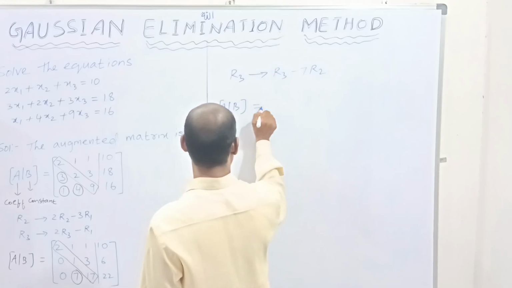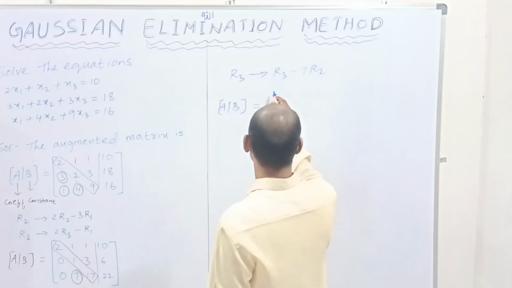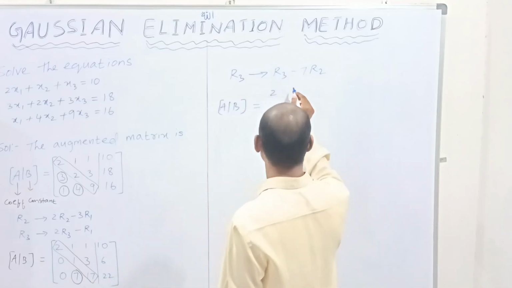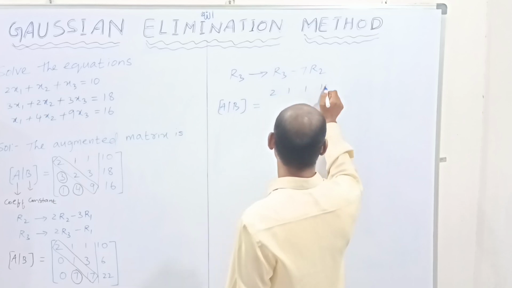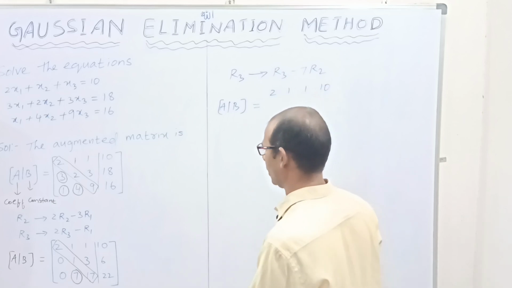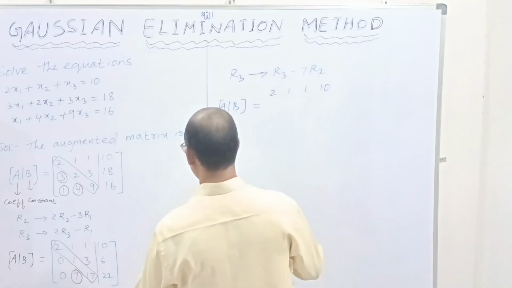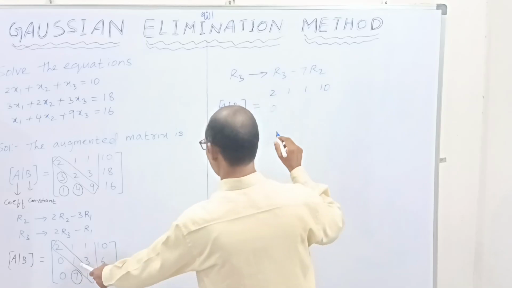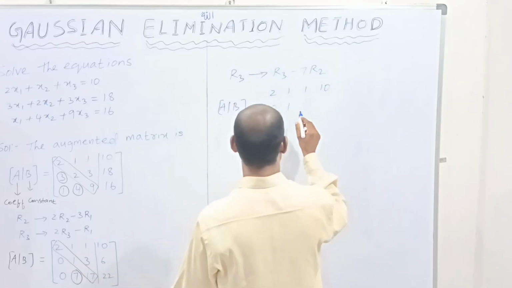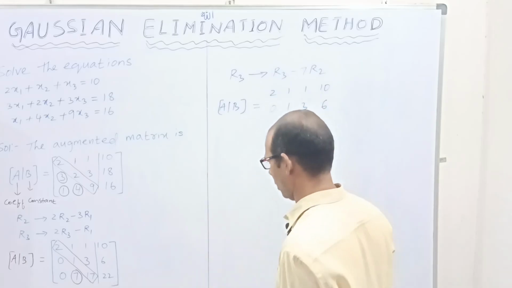So the augmented matrix A by B is equal to: the first row is the same as it is, so it is 2, 1, 1, 10. Next, the second row is also the same: 0, 1, 3, 6.